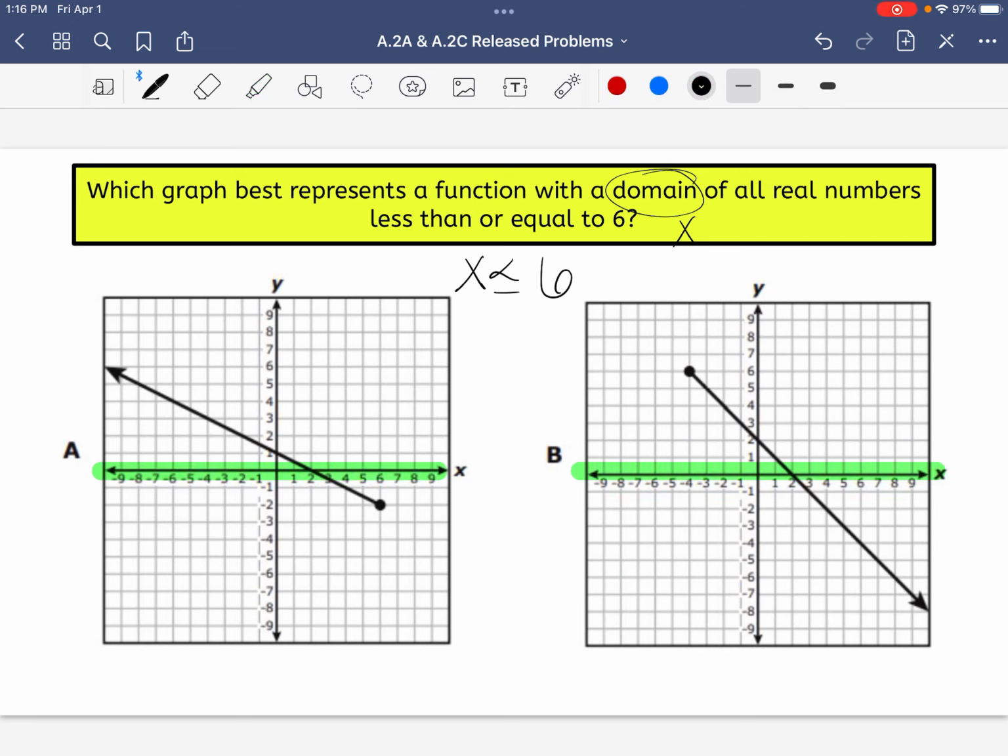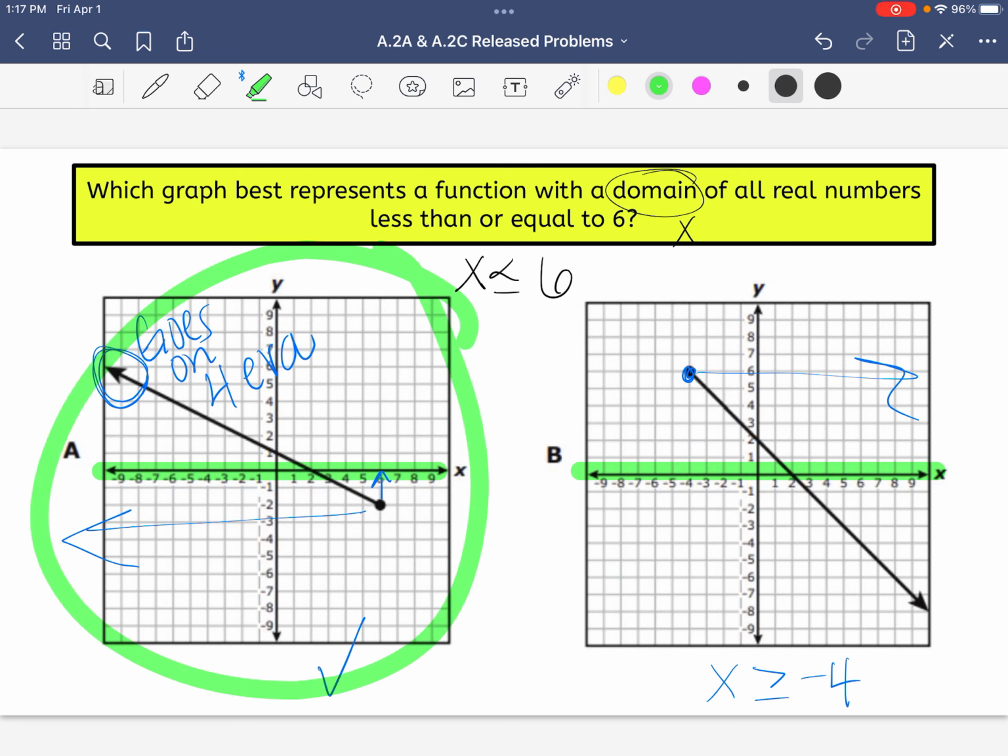On answer choice A, I see that it has x values 4, 6, and then all the way down, and this arrow tells me it goes on forever. So this does have values of x that are less than or equal to 6. And when I look at B, I see that the minimum value is -4, and it's increasing forever and ever. So my domain here would be x is greater than or equal to -4, which is not what we want. So our correct answer choice would be A.